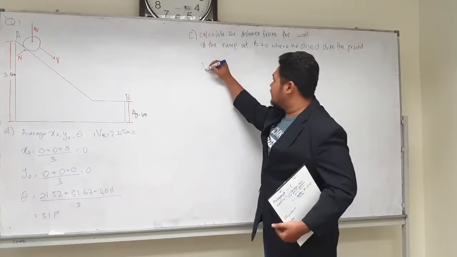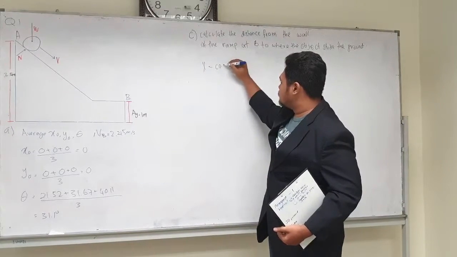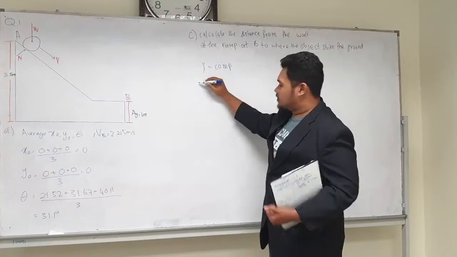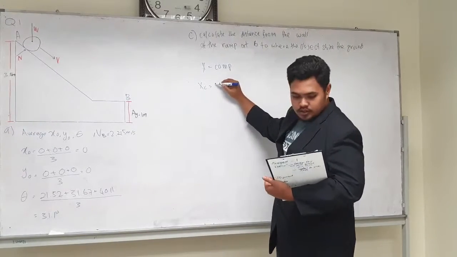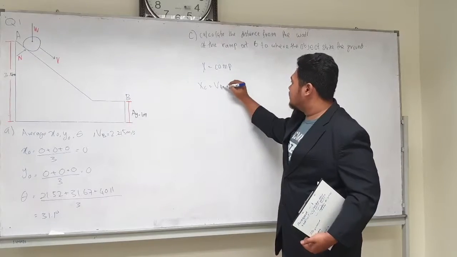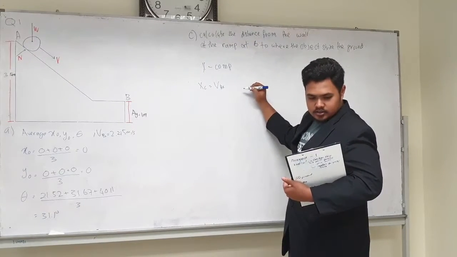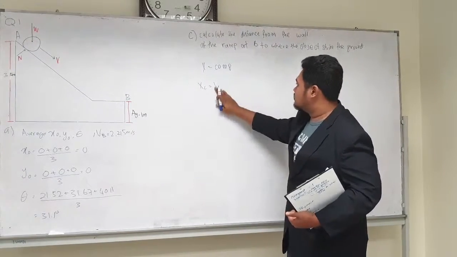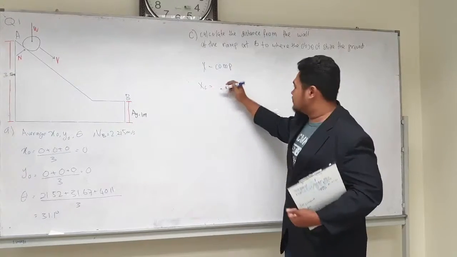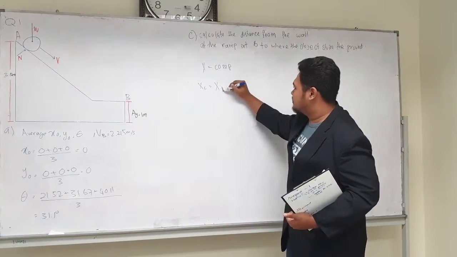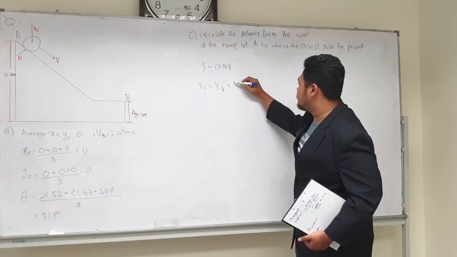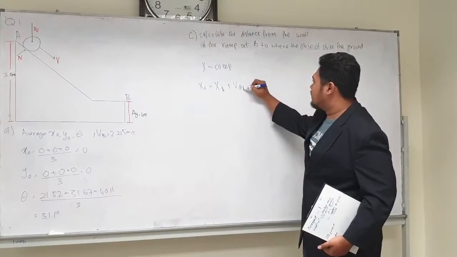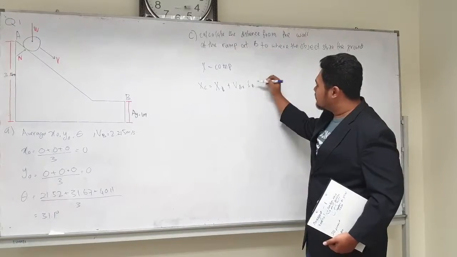The x component we get through xc equals xb plus vbx times tb.